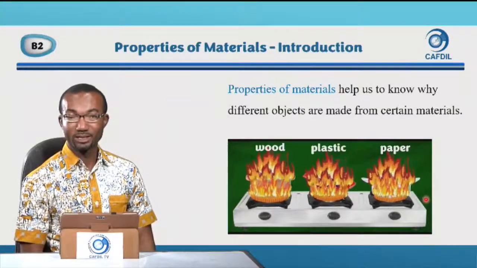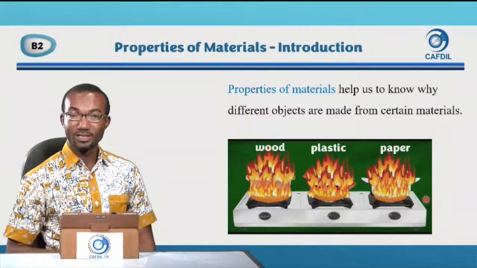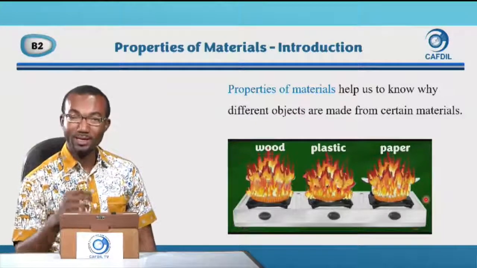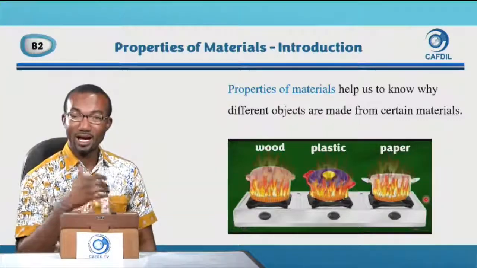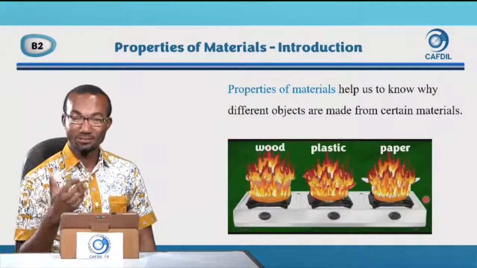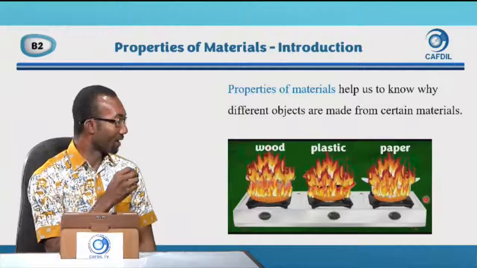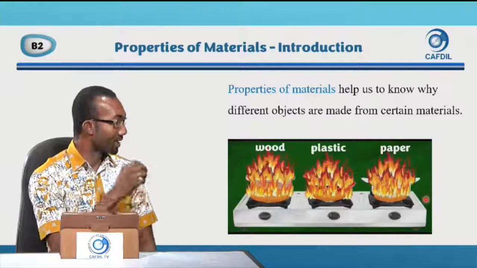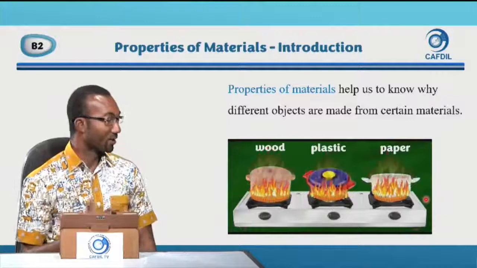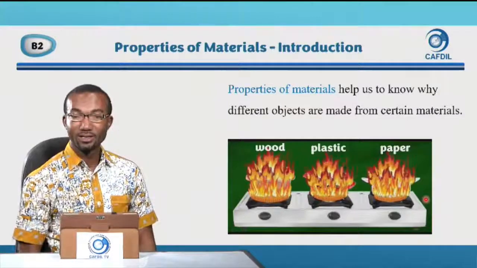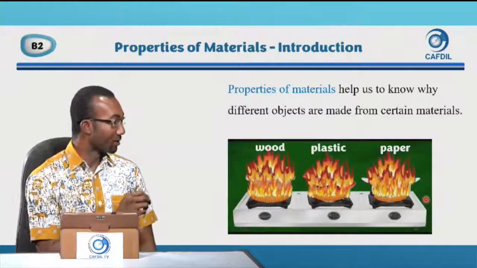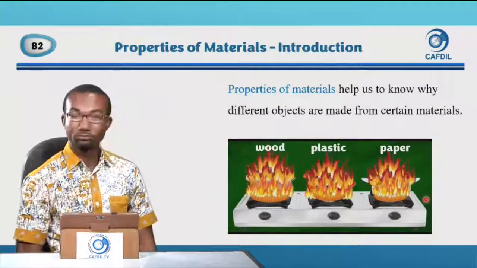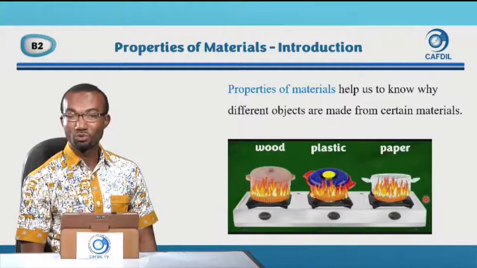Why are they burning? We are saying that properties of materials help us to know why different objects are made from certain materials. So if my cooking bowls, that is wood, plastic and paper, are all burning when I put them on fire, then what material should I use as bowls to cook?